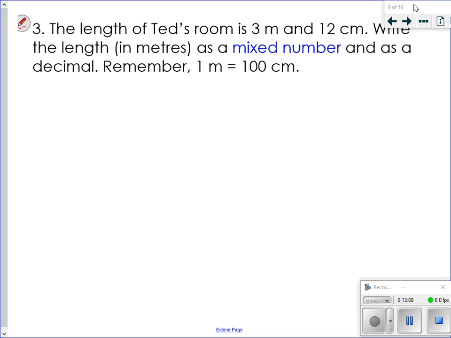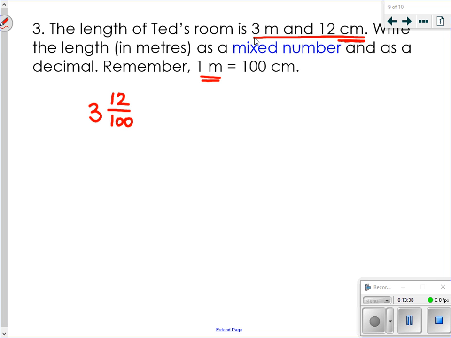The reason they're telling us that is because when they've given us the dimensions of his room as 3 meters and 12 centimeters, that means I have 3 meters and 12 hundredths, right? Because it takes 100 centimeters to make a meter. So 12 centimeters is 12 of those 100 centimeters that make a meter.